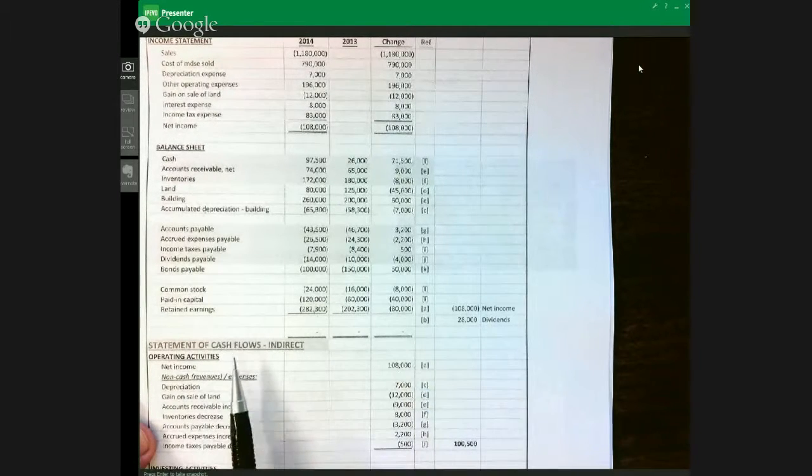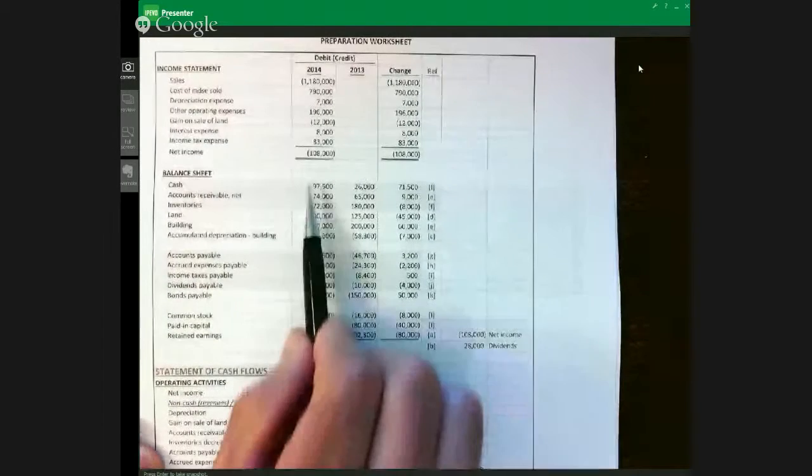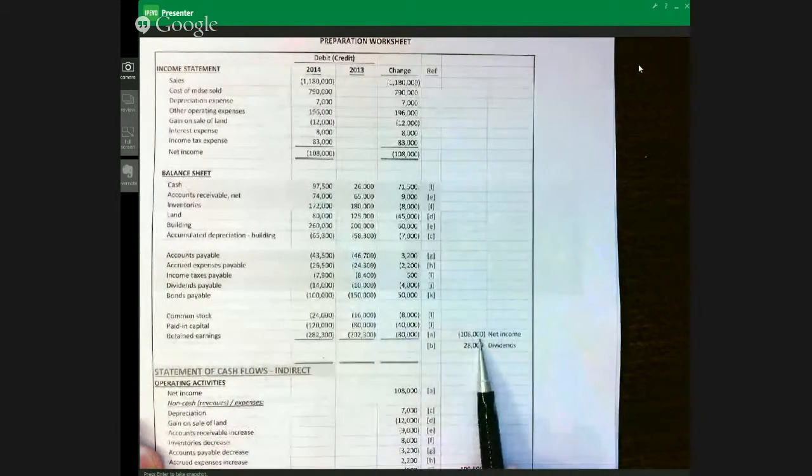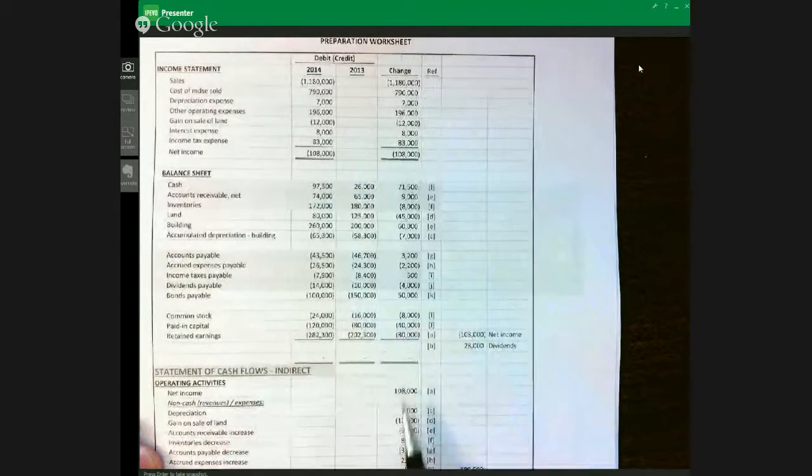Here's a key. This statement of cash flows you can think about as a giant cash account. Cash lives on the left-hand side of the balance sheet, is increased with debits and decreased with credits. So the credit to retained earnings is offset by a debit increase to cash because the business earned income.